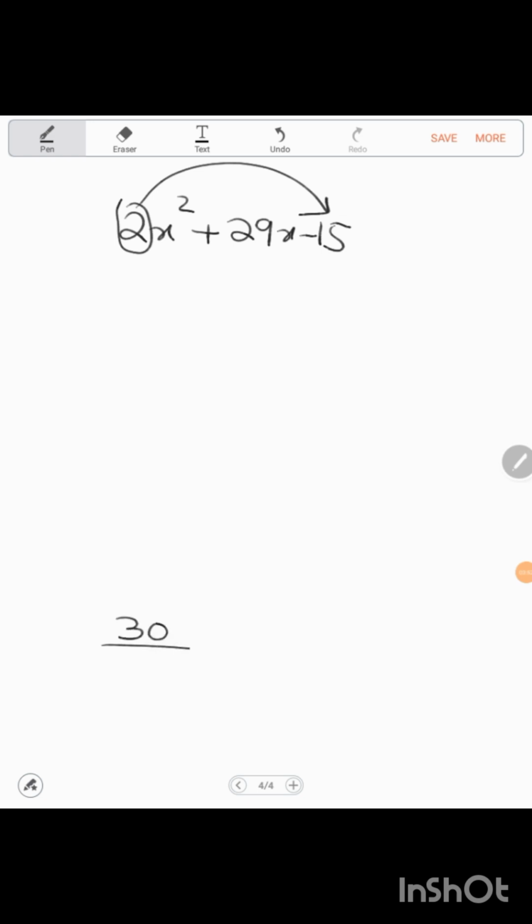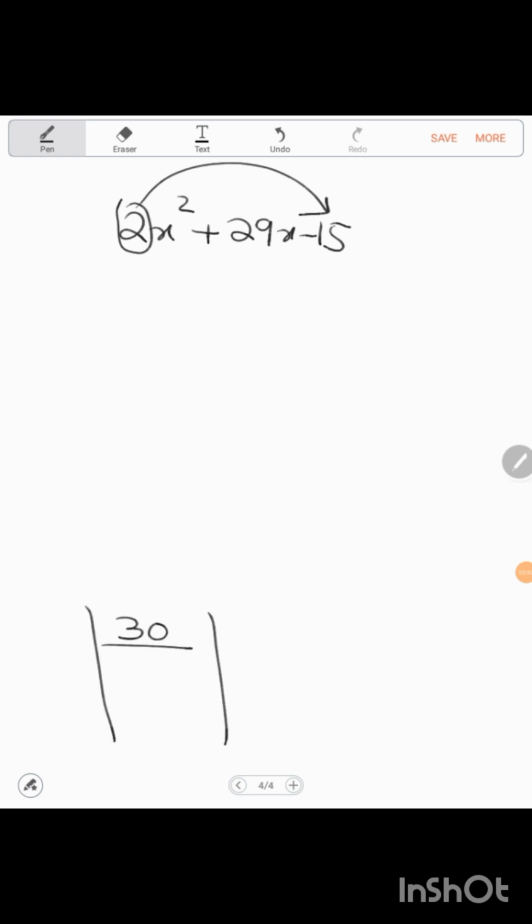Okay, next is if you have something like this. Now what do students do? If they are in a hurry, they just take factors of 15. Why? You are going to multiply the coefficient of x square with 15. Okay, so 2 into 15 is 30.